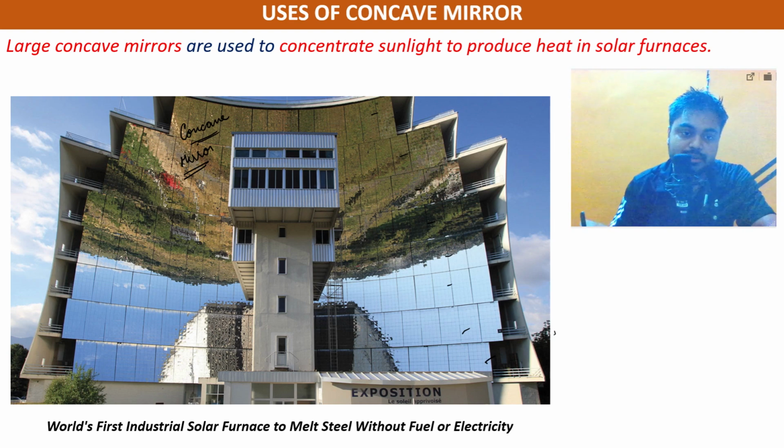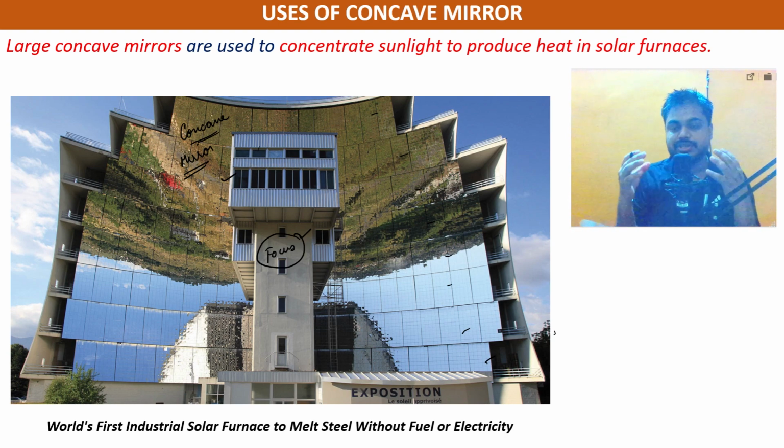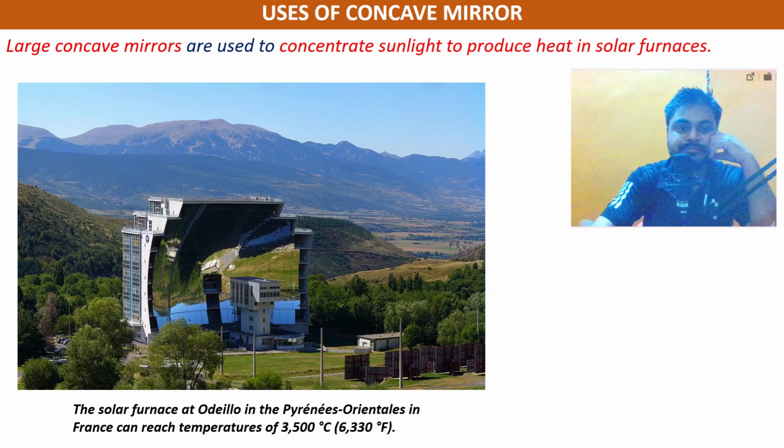This particular setup is placed at the focus, and when all the rays are getting concentrated, it uses all the rays to generate heat in order to even melt steel without fuel or electricity. So much heat is generated.